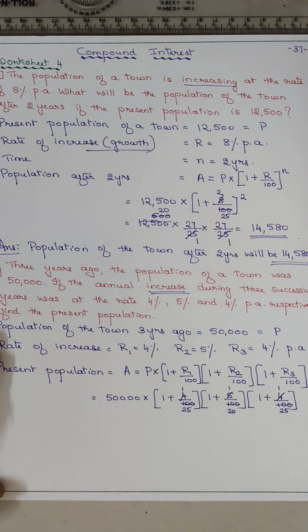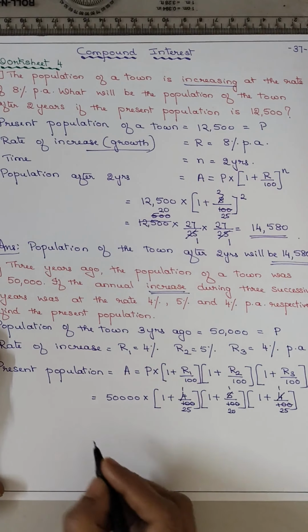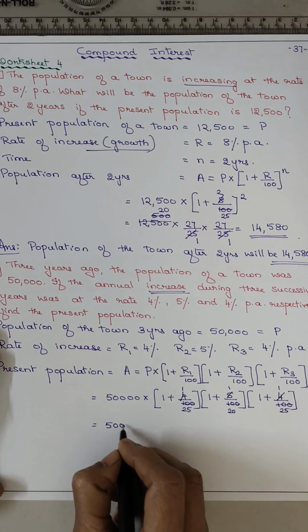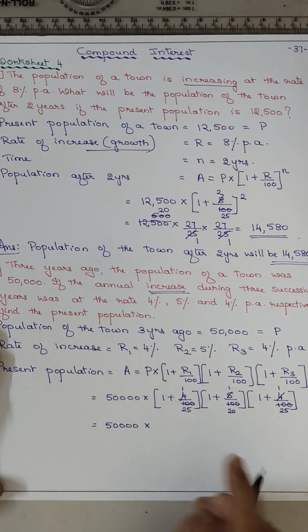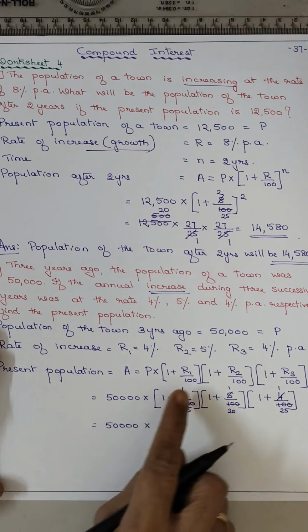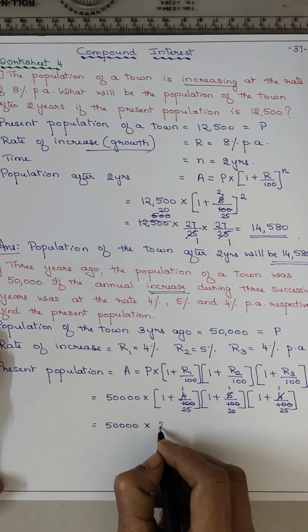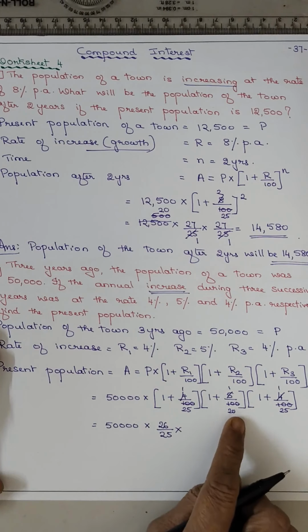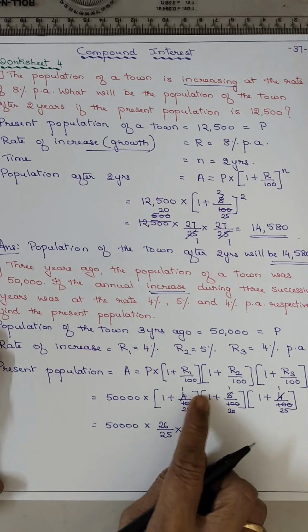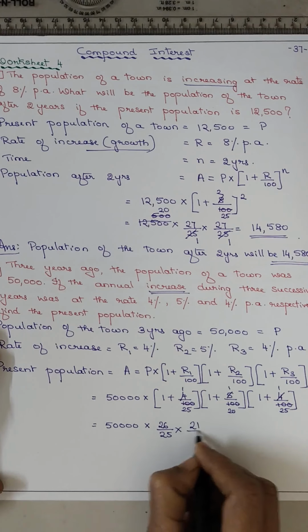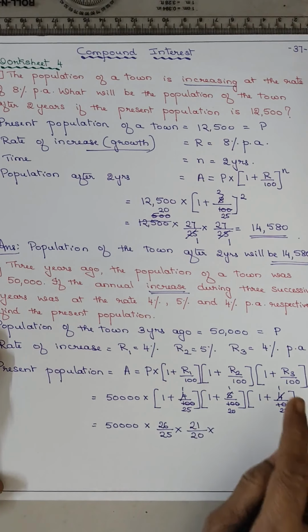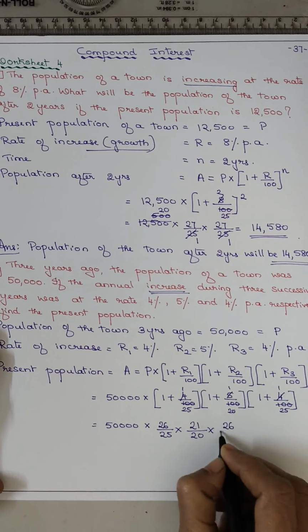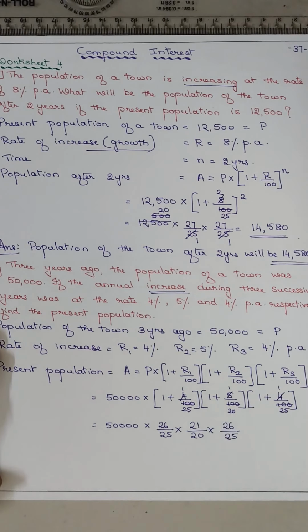Now we are confident of this calculation, isn't it? So many sums we have done. So it is 50,000 into 25 plus 1, it is 26 upon 25. Denominator 20, so it is 20 plus 1, 21 upon 20, 25, so 25 plus 1, 26 upon 25.